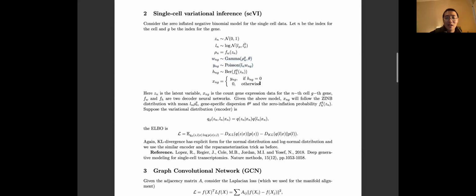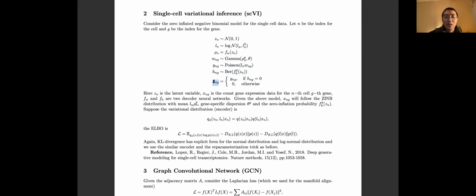Next is the zero inflated part. Given ZN, we first generate HNG, which is a probability. We use a neural network FH to get the probability, and then use a Bernoulli distribution to generate HNG.